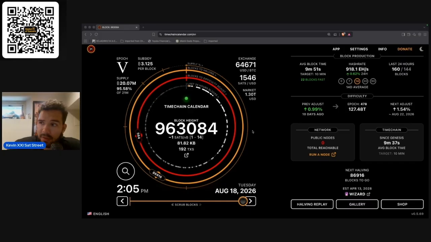It's not to make it look pretty and nice for Bitcoin. Rather, it's a countdown. So we're going to start with this one right here, blocks to halving. So this is the 4-year one, so the slow and patient one. So it's just counting down until we get to the halving.